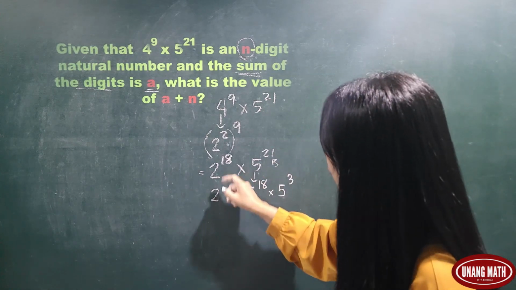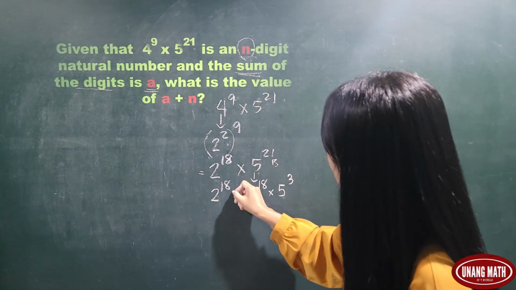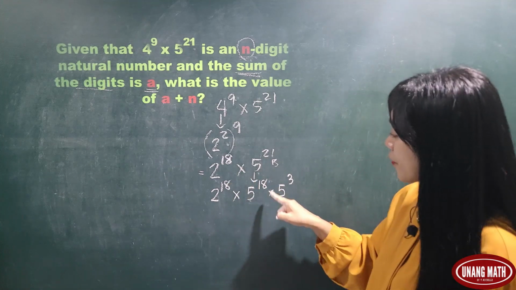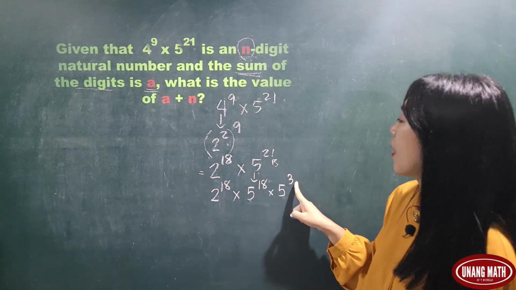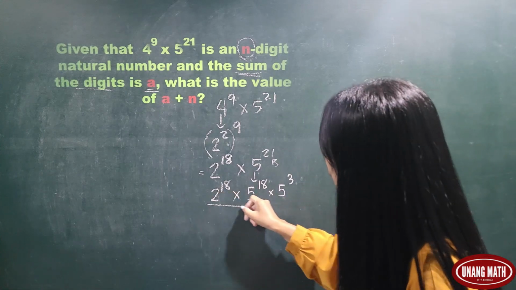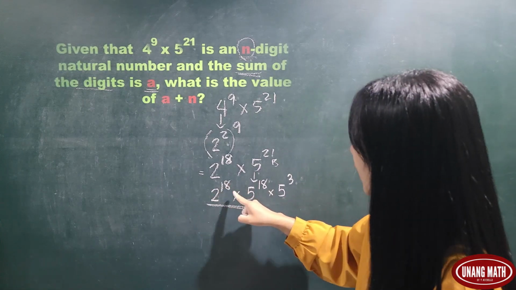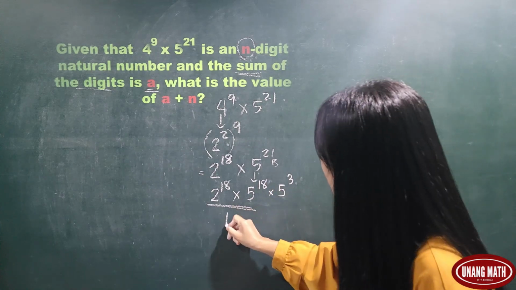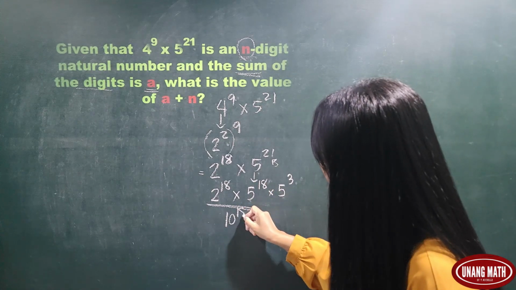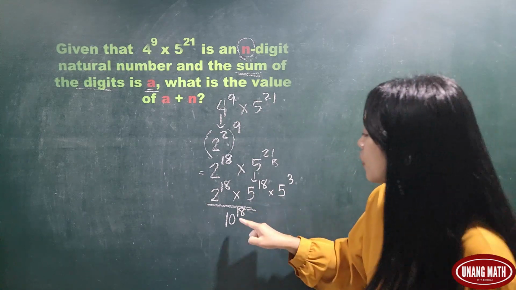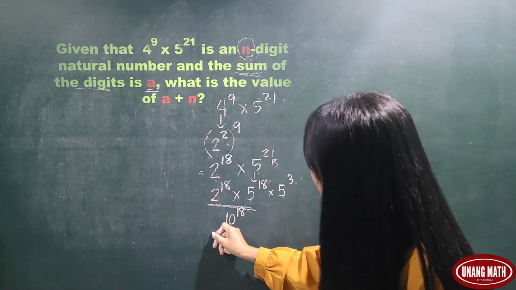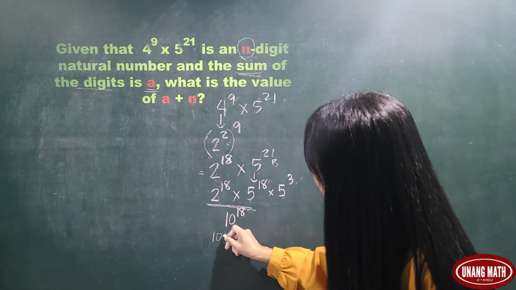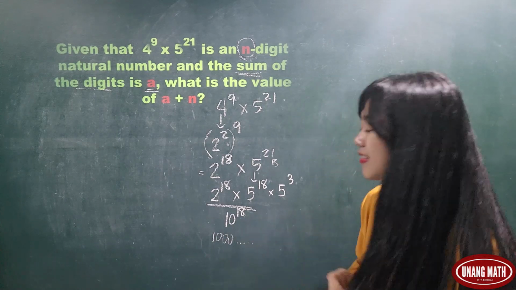Let's copy 2 raised to the power of 18 times 5 raised to the power of 18 times 5 raised to the power of 3. 2 raised to the power of 18 times 5 raised to the power of 18 is equal to 10 raised to the power of 18. Take note, 18 here is the number of zeros. So 1 and then 18 zeros.